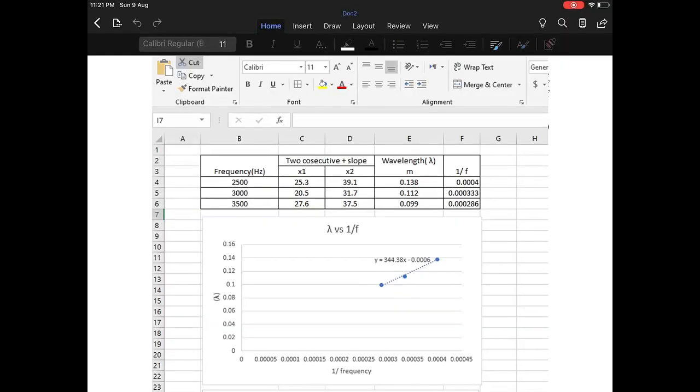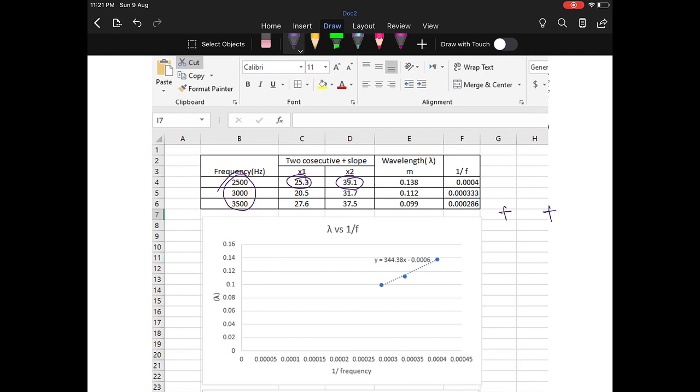So this is the data we have collected in this experiment. Here I have three frequencies, 2500, 3000 and 3500 hertz, and the corresponding two consecutive positive slopes for 2500 are 25.3 and 39.1. So this is x2 and this is x1.